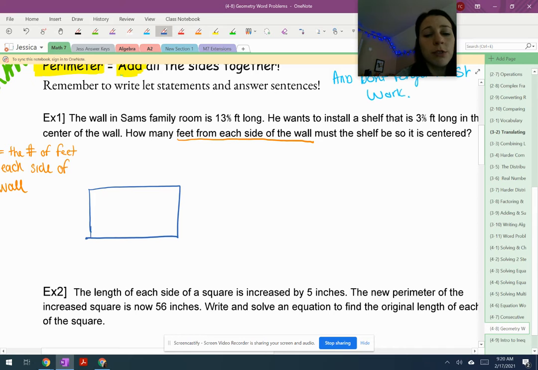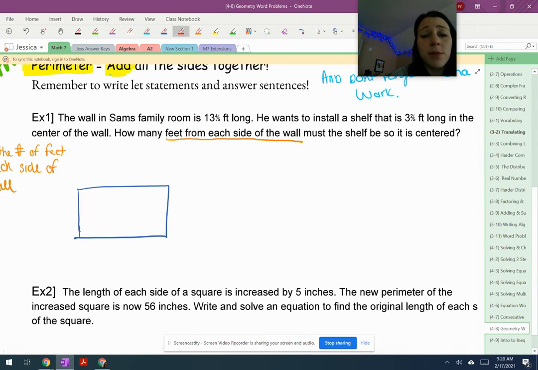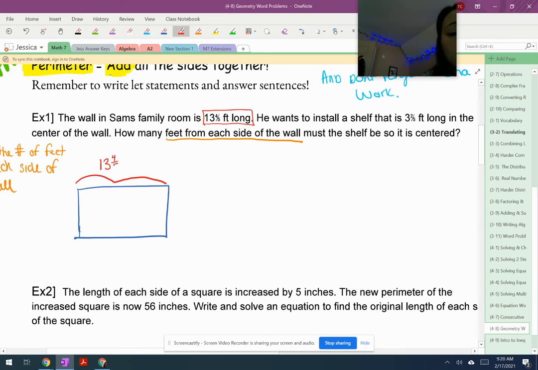Boom, wall drawn. We know that this room is 13 4/5 feet long. So that means this whole length from one side to the next is 13 4/5.